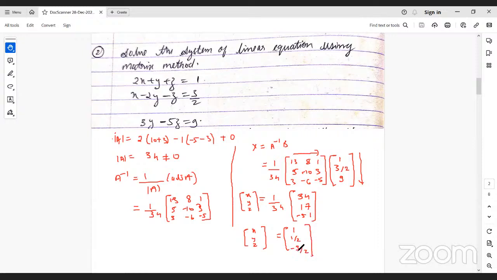So these are the values we are getting. So we can write at the end, equating the matrices, x will be equal to 1, y will be equal to 1 by 2, and z will be equal to minus 3 by 2.